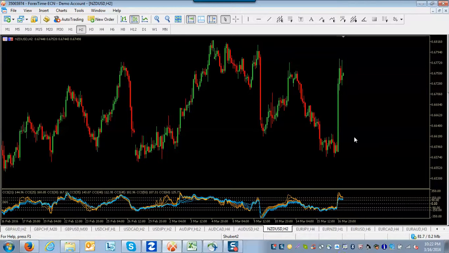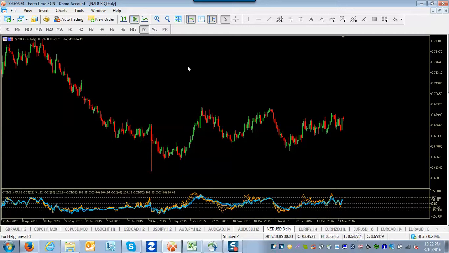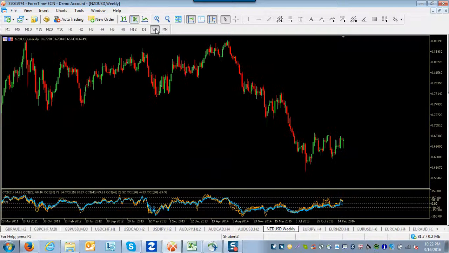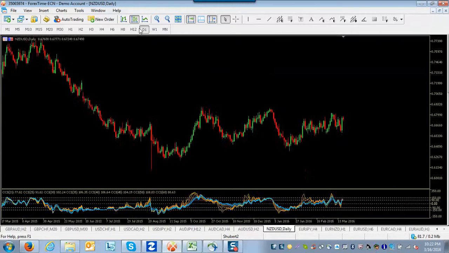Euro Kiwi dollar, again, positive Kiwi news has propelled this pair higher. But here, if you look on the weekly and the daily chart, even despite all that, we're in a correction to a downtrend.